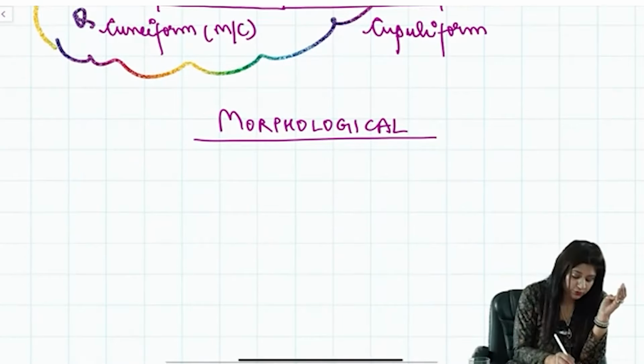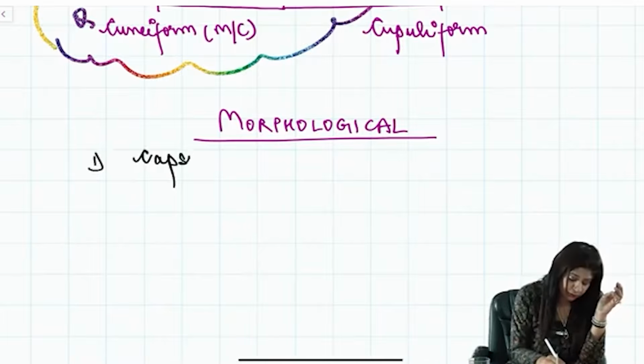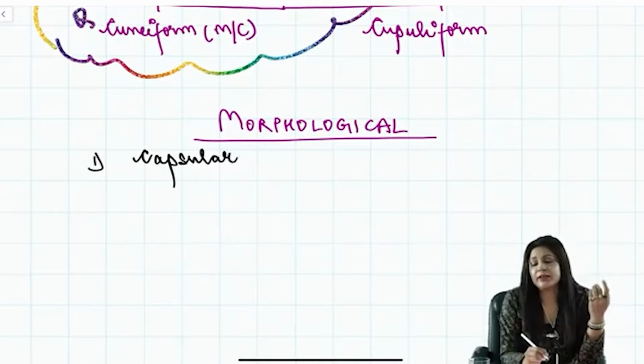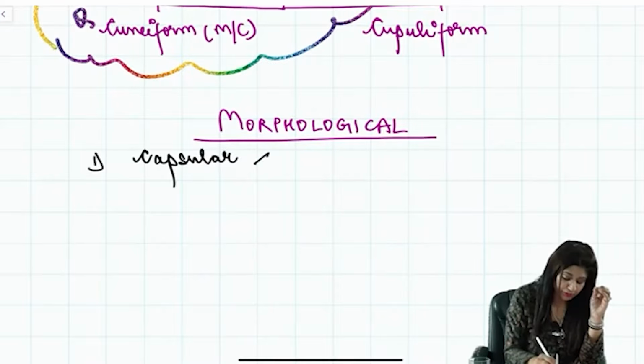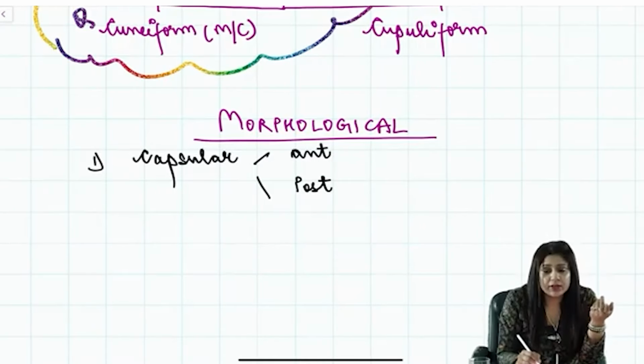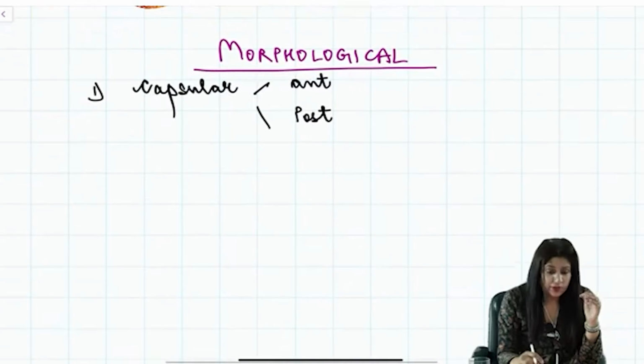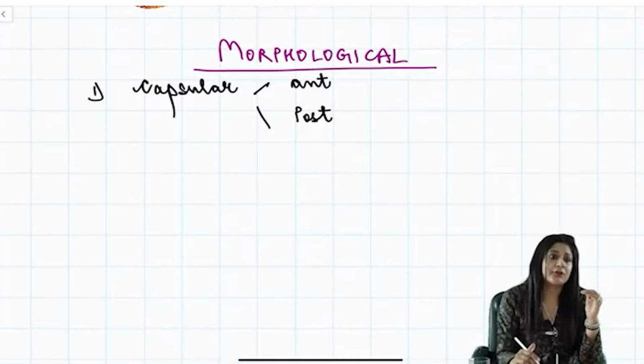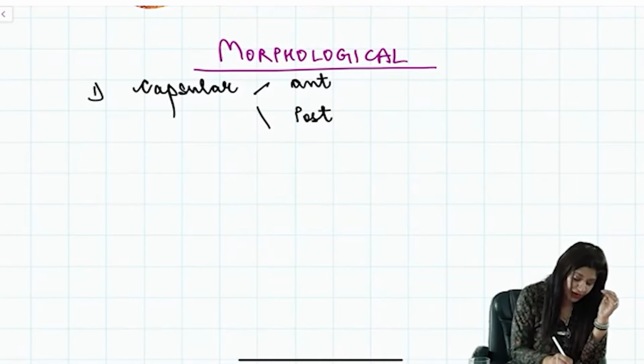So according to this, number one is capsular. If the capsule is opacified, then it is called as capsular cataract. So this capsule can be anterior capsule or the posterior capsule. Therefore, anterior capsular cataract and posterior capsular cataract. Now, capsule के beneath we have the subcapsule. So that will be the subcapsular cataract.